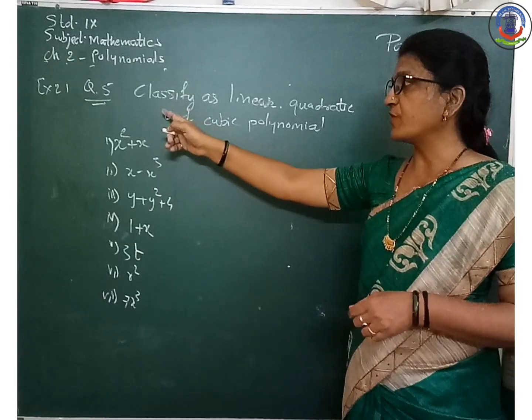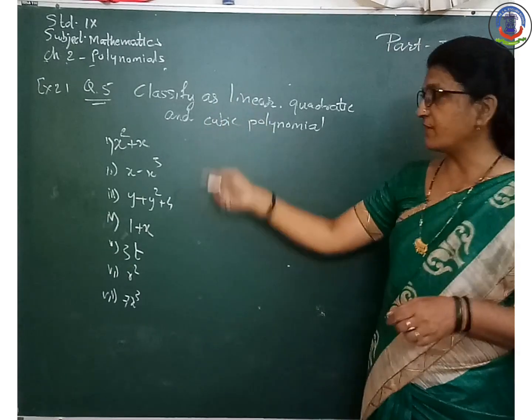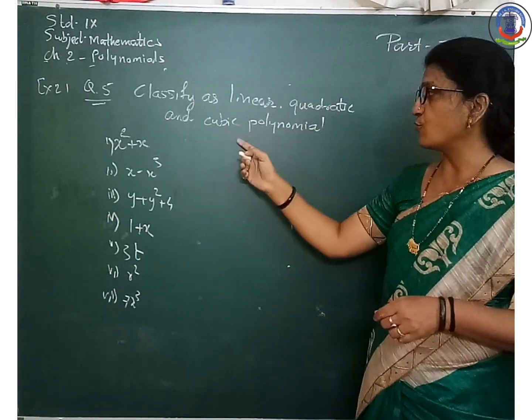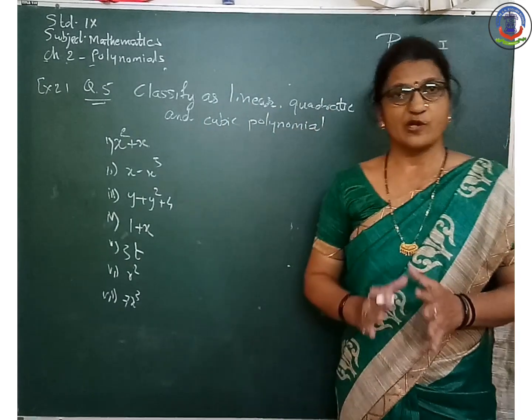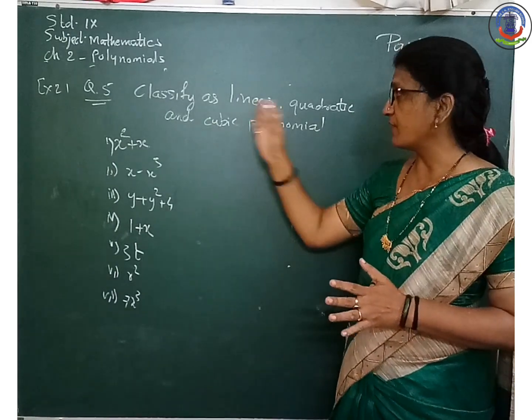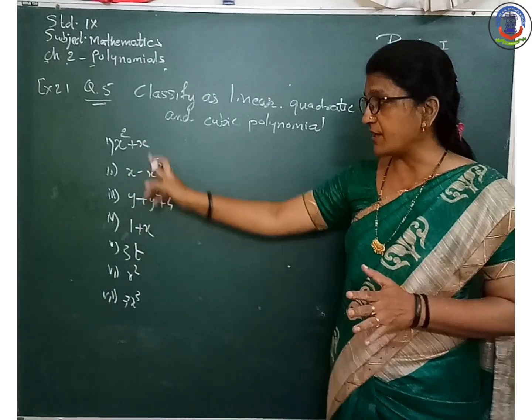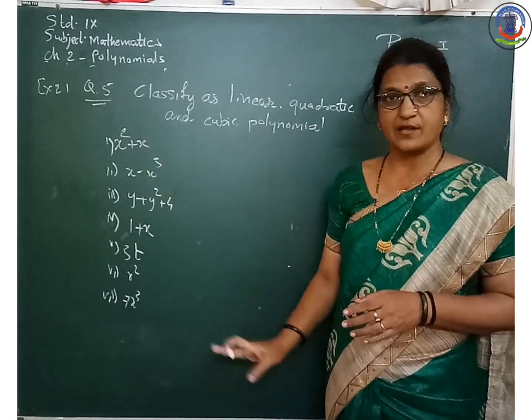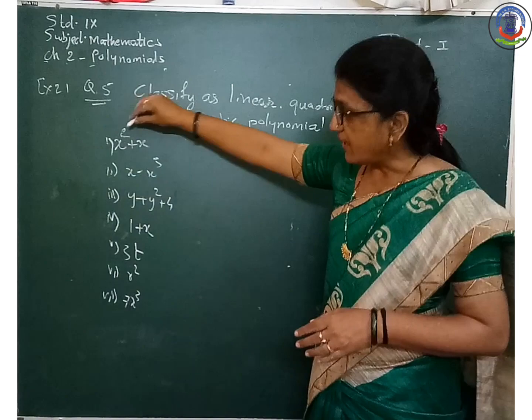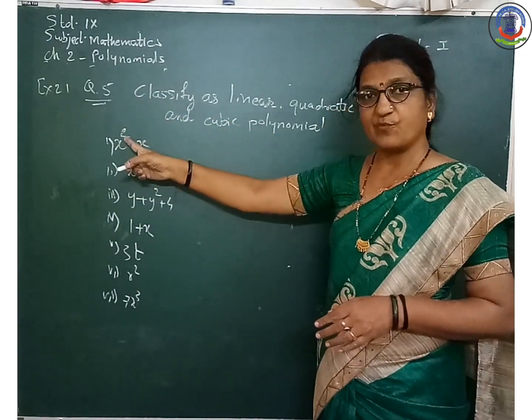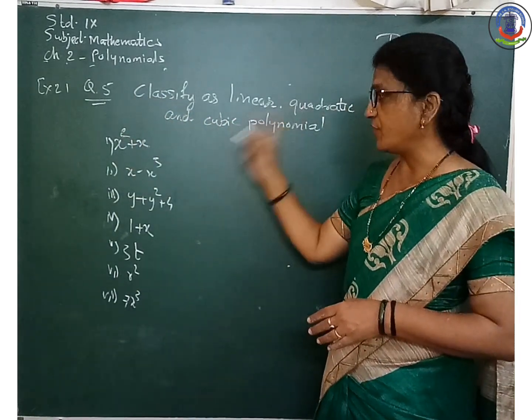Now exercise 2.1 question 5. Classify the given polynomials as linear, quadratic or cubic polynomials. To classify them, we have to see the degree of the polynomial. The highest power of the term is known as the degree. In the first case, the highest power is 2, so it is a quadratic polynomial.